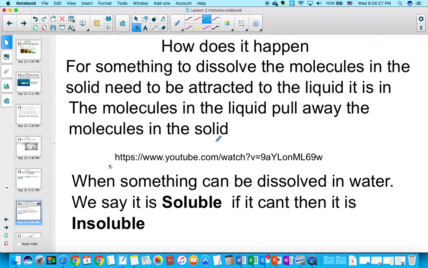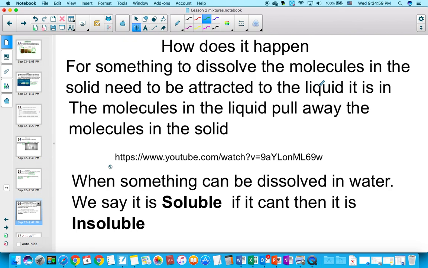So, for something to dissolve, the molecules in the solid need to be attracted to the liquid, and the molecules in the liquid need to pull away from the molecules in the solid. Going back to sugar water, when you add sugar to water, at first all those sugar molecules are attached to each other. As you put it in water, the water breaks those bonds, and the water is attracted to the sugar.